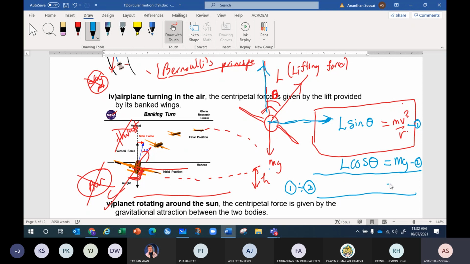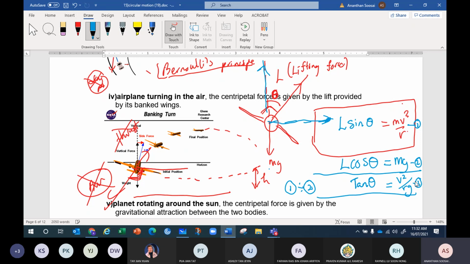On the left, L sine theta divided by L cos theta gives tangent theta, as the L cancels. On the right, mv squared over r divided by mg gives v squared over rg. This is the third unique equation for this system.